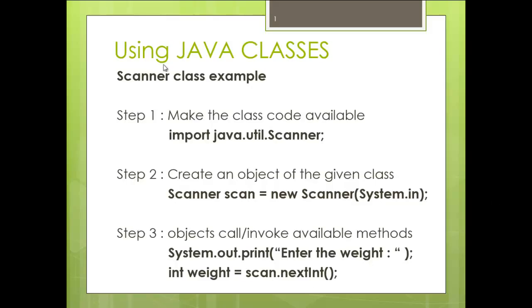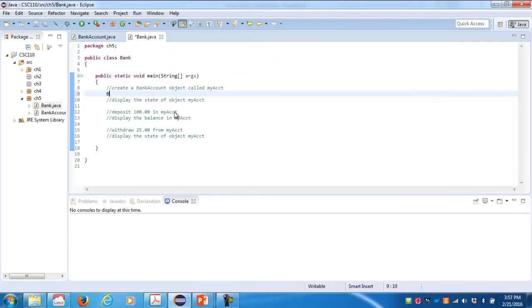So let's go back to our code and implement something that looks like that. The name of my class is BankAccount, and I'm going to call my object myAccount. And now the new keyword creates, or instantiates, the object called myAccount by calling the special method called the constructor that you've got written inside your BankAccount class.